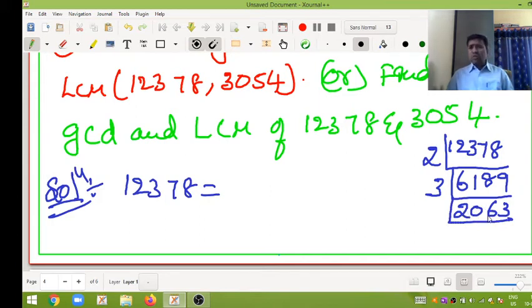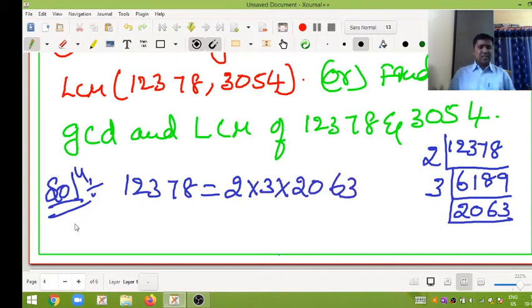this 2063 itself is a prime, so up to now we have to stop. Okay, 2 into 3 into 2063, where 2063 itself is a prime, my dear friends.